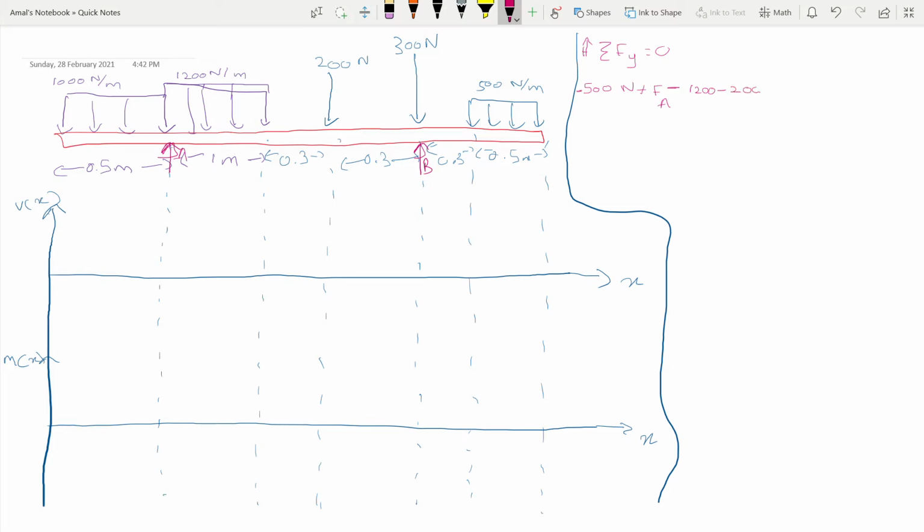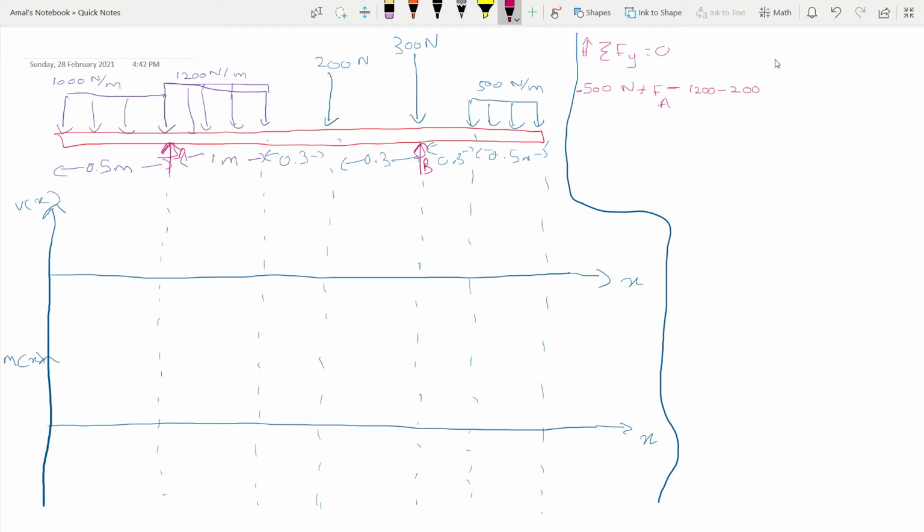And then we have negative 200, and I can't write here because I have this here, so I'm going to go to the next line.